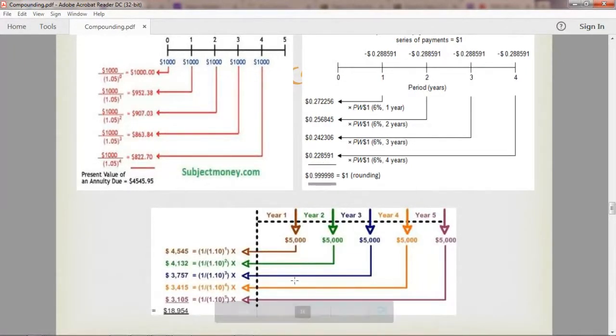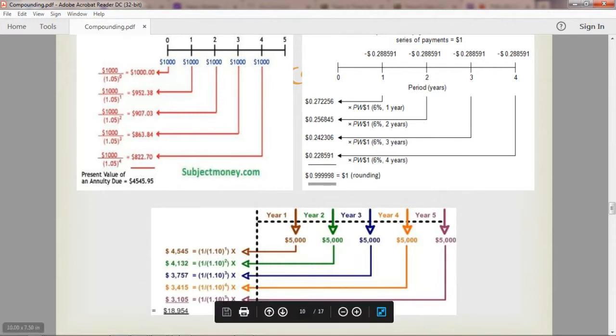Why is it the present value of ordinary annuities? Look, if you extend this timeline to 30 years, and of course, it's monthly, so there will be 360 of these time notches on the timeline. Points, 360 of them.